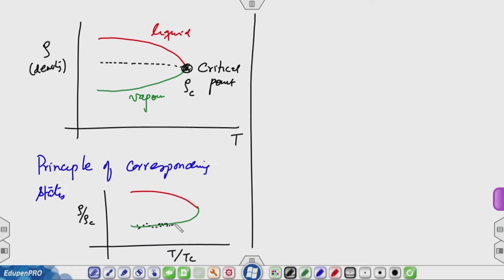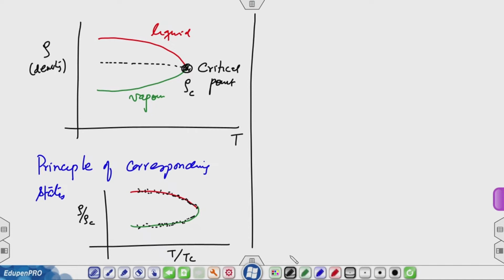These are points for different gases. So, if I scale for each gas the density by its critical density and temperature by critical temperature, then you see this curve. So, they correspond to each other.